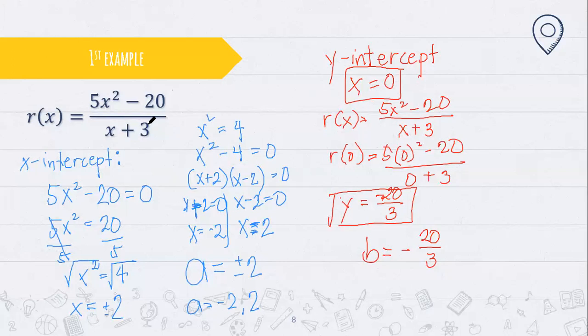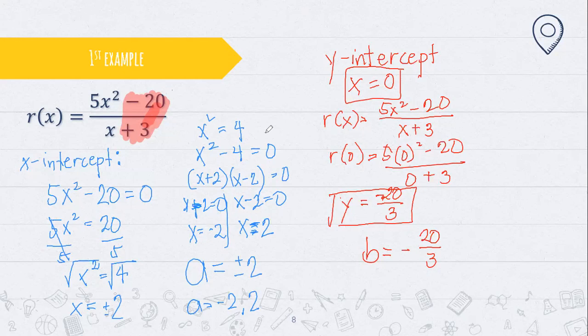Ngayon, tama yung observation ni Darwin na diretsuhin na lang nating isolve yung mga constant. Kasi ang answer natin for our y-intercept is negative 20 over 3. Yun na lang agad yung kukunin natin kasi lahat ng excess magiging 0.